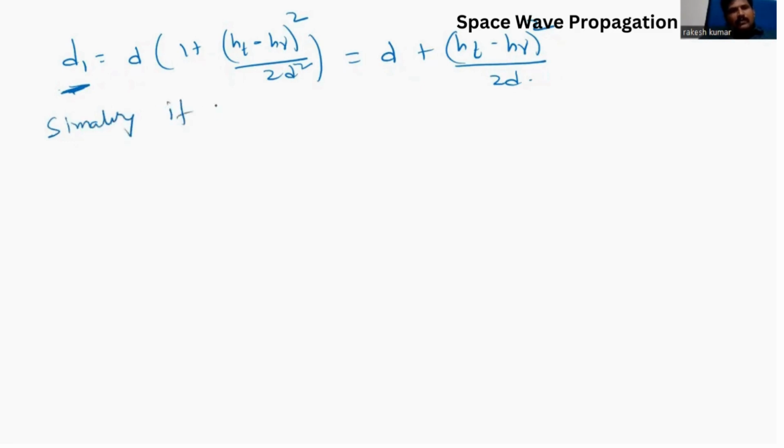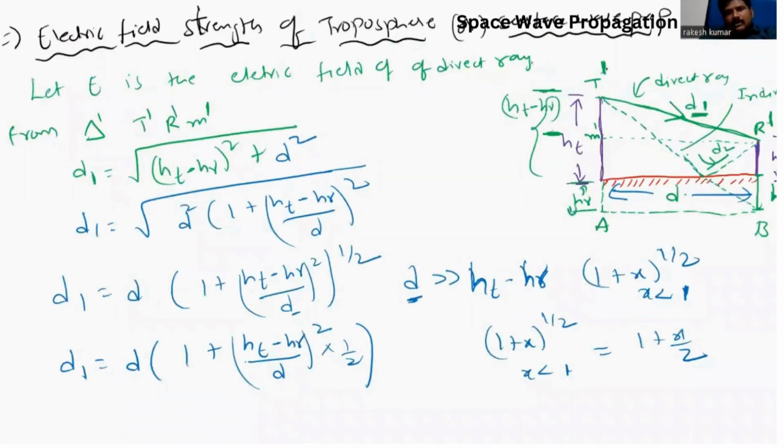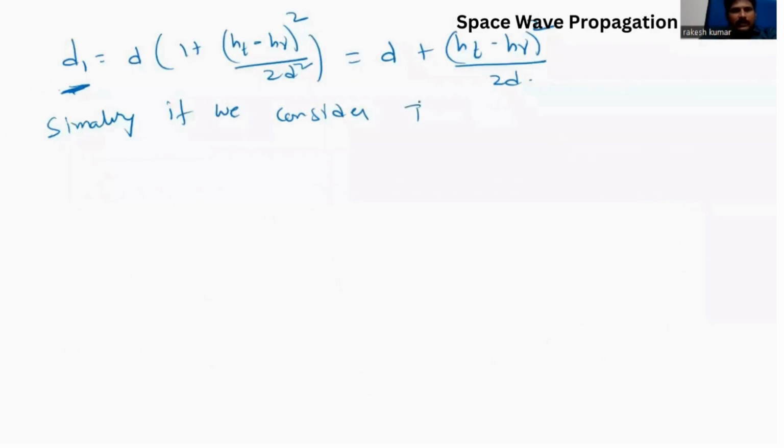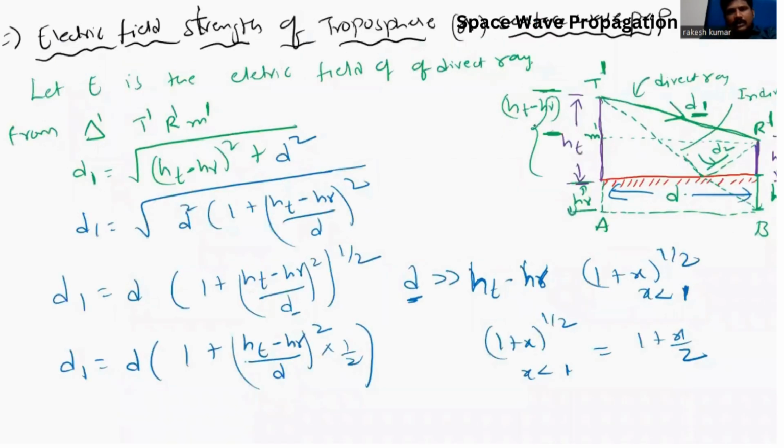Similarly, if we consider the other triangle, see the diagram. We consider the triangle T dash AB. Now for T2, we are writing the expression for D2. D2 means up to here, this distance is same as this distance.